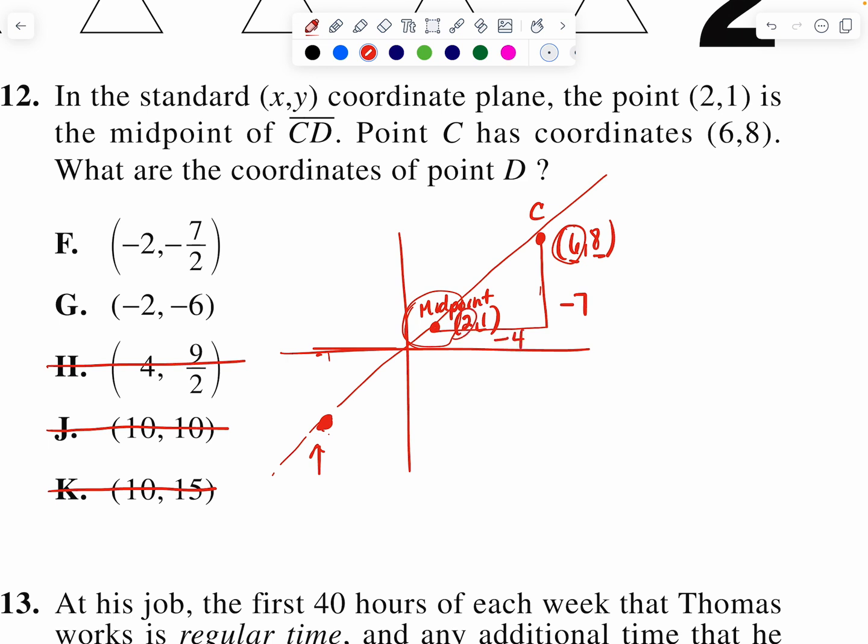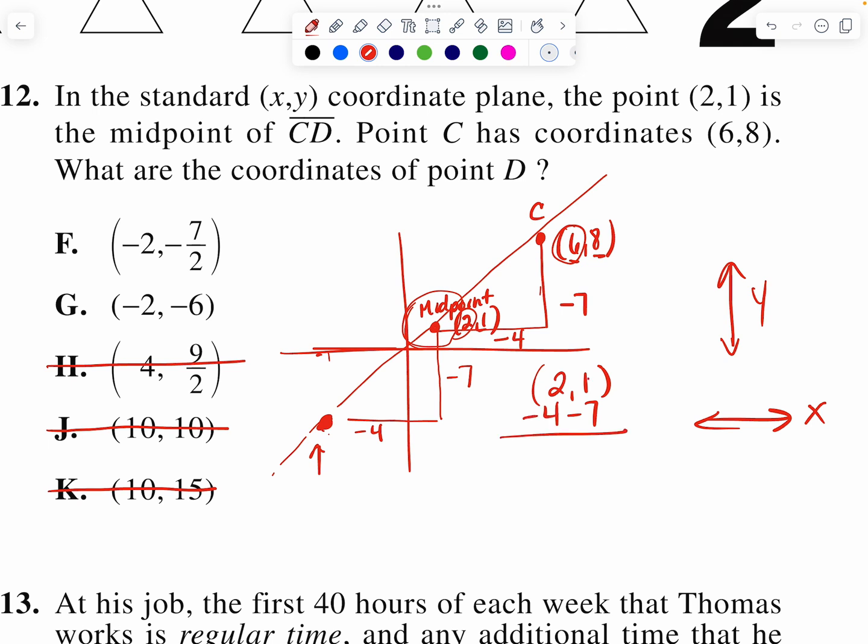From the midpoint, I'm going to have to go down 7 and left 4. So if I'm at (2, 1) and going down 7, I put a -7 with my y coordinate, because y is up and down and x is left and right. For my x coordinate, I went left, so -4.